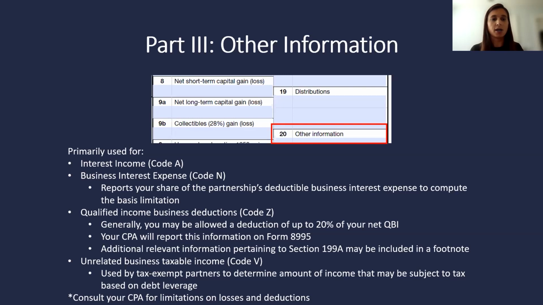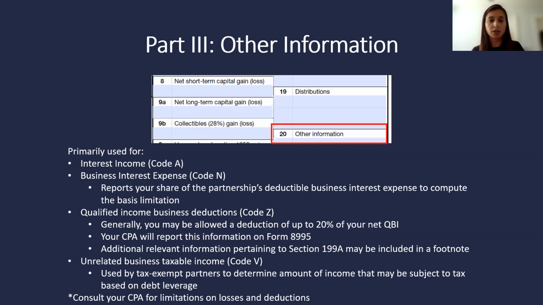So if you see on my screen right now, it has interest income that's denoted by code A. So under box 20, you would see a little code, say A, with your associated allocation of the interest income alongside. So we'll see interest income, we'll see the business interest expense as code N, which reports your share of the partnership's deductible business interest expense, and that's used to compute your basis limitation. You'll also see any qualified business income deductions denoted by code Z.